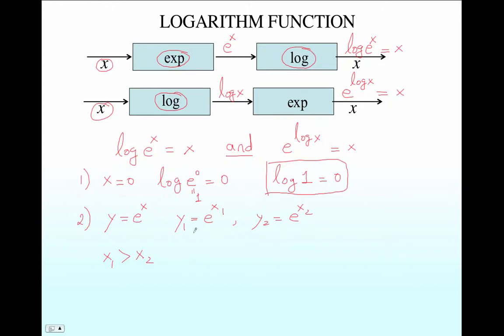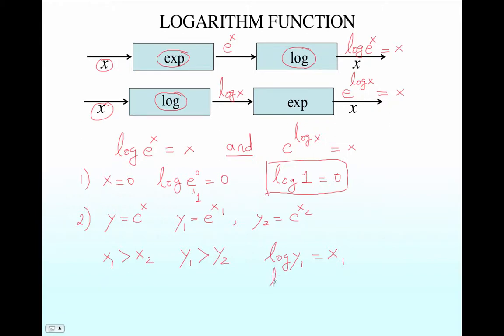In that case, because the exponential grows with x, therefore we must have that y1 is bigger than y2. Remember that the exponential is a monotonically increasing function. And in fact, this is why we were able to define the logarithm as the inverse of the exponential. Anyway, now let's take the log of y1. The log of y1, as we see from here, is x1.